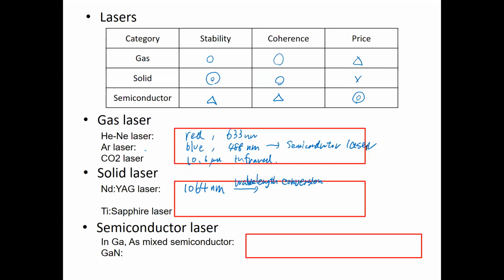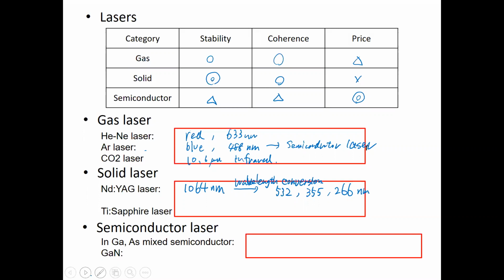So 532 is twice the energy of 1064, and 3 times is 355, and 4 times is 266 nanometers. So you could obtain visible, UV, and deep UV light from the neodymium YAG laser, and this is a very stable laser.